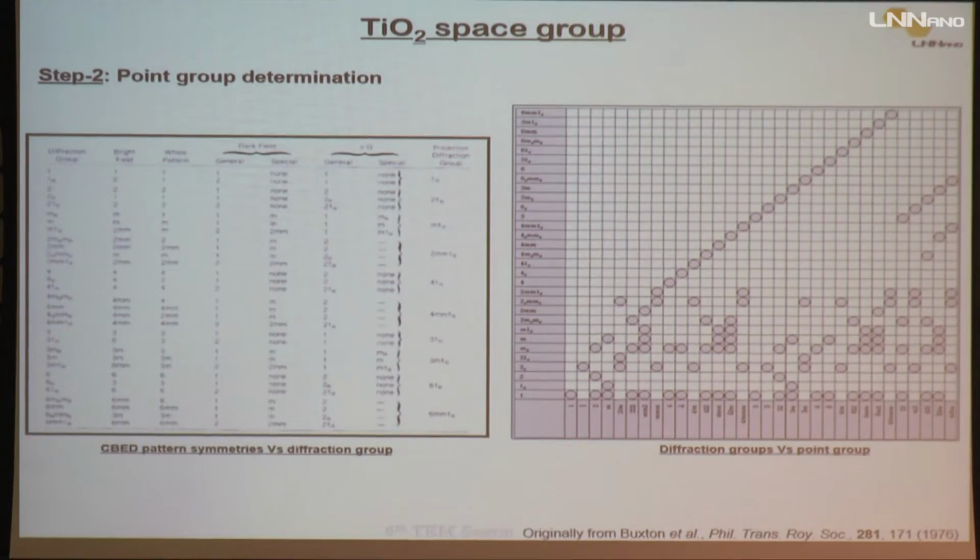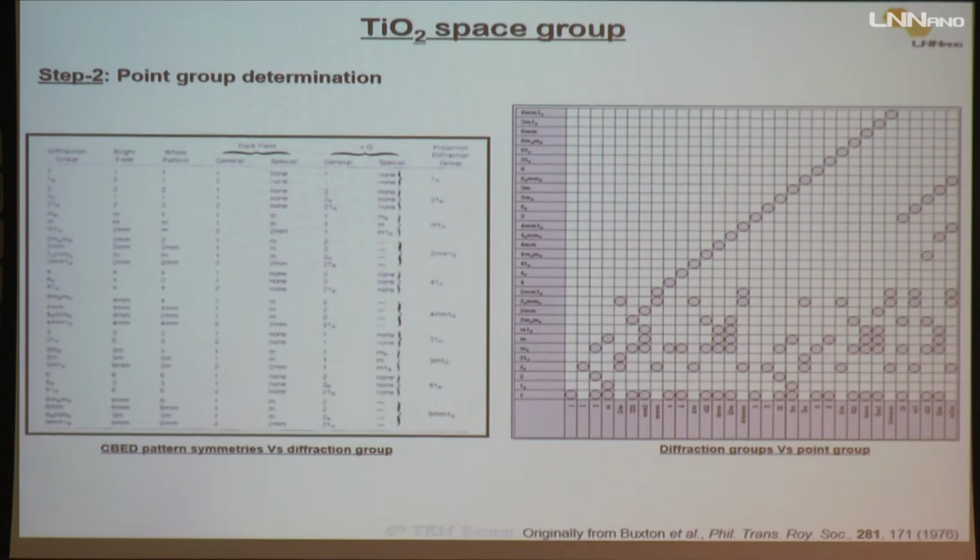And of course dark field: if your CBED pattern is good enough, we can extract the dark field imaging that is away from the 00 disk. We get the dark field imaging, and we see if it has any symmetry elements present. But in general, if you can understand the symmetry elements present in bright field and whole pattern, it should be fine enough to go ahead.